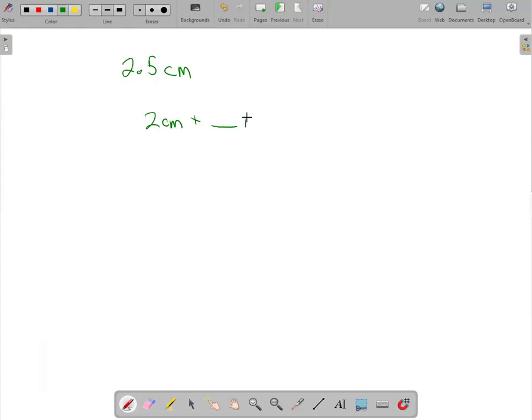And how many millimeters? 2.5 centimeters is 2 centimeters and blank millimeters. Just 5. That's it. No conversion. It is what it is, because the metric system is always based on powers of 10.